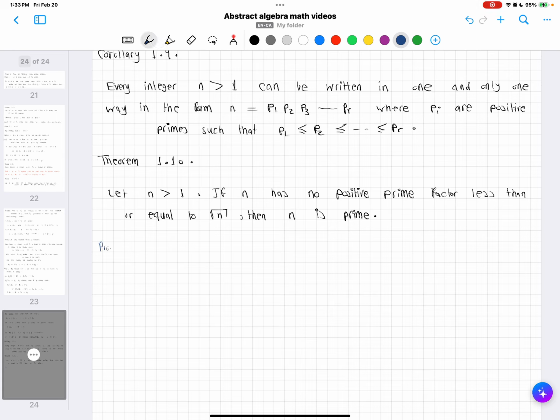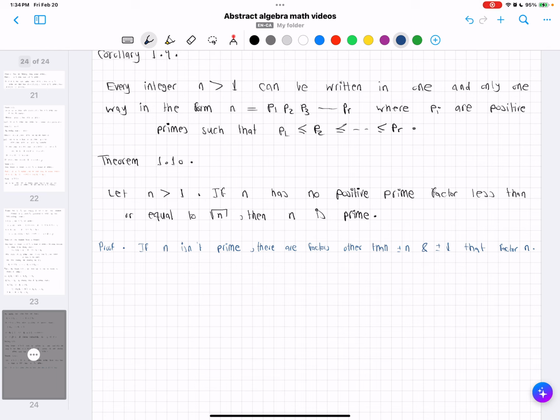Proof: if n is not prime, that means there are factors other than plus or minus n and plus or minus 1 that factor n.